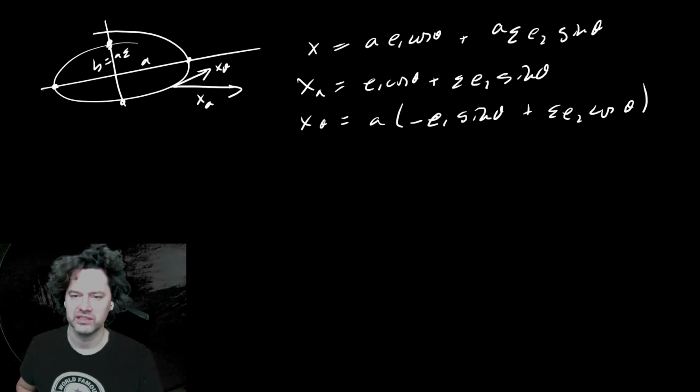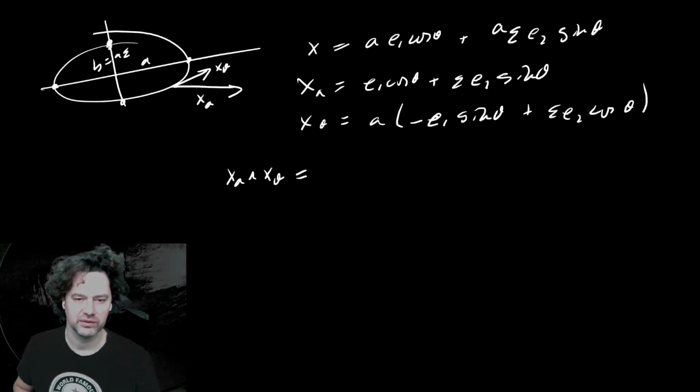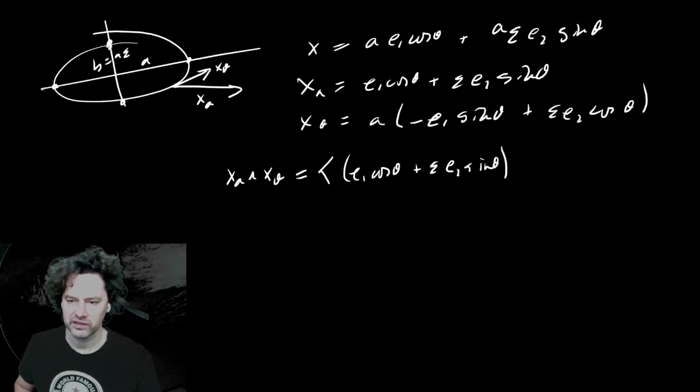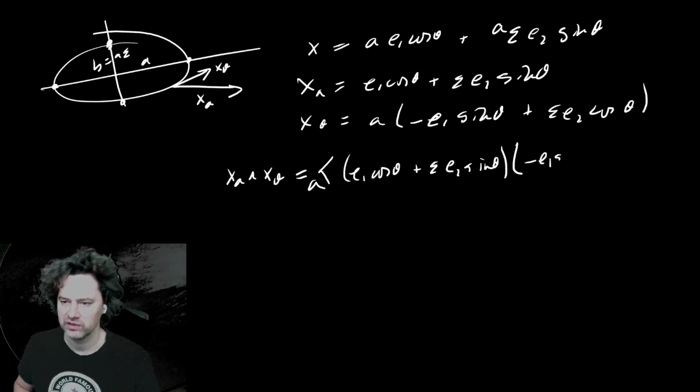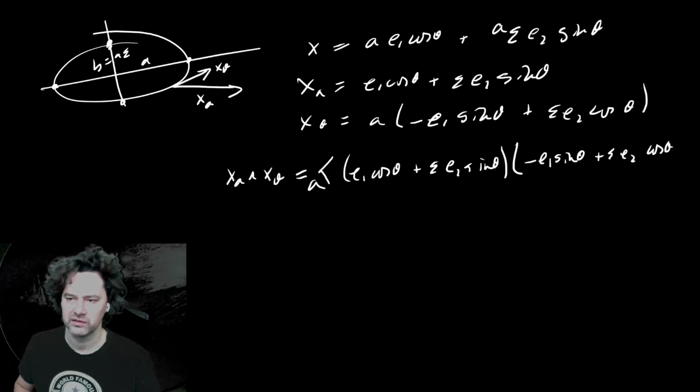So first thing we need is the volume element, which is an area element in this case. Our hypervolume element is probably a better description, which reduces to an area element in this case. So we have x_A wedge x_theta, which is the grade 2 selection of e1 cos theta plus epsilon e2 sine theta times, we take the A out, and we have minus e1 sine theta plus epsilon e2 cos theta.